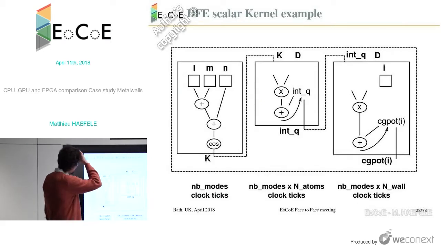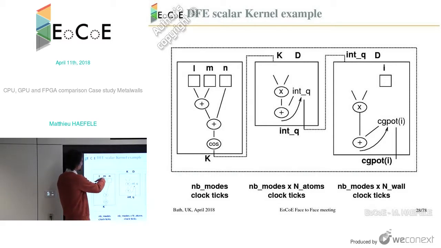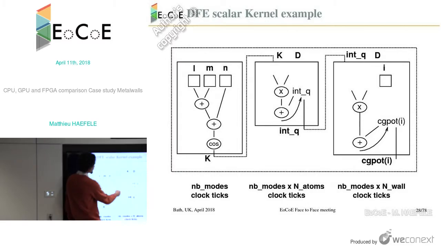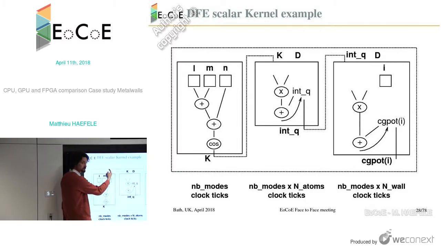That's how it looks like on an FPGA. You will have our mode that will be generated from the silicon with simple counters. LMN will be generated. Then you will sum in order to have L plus M plus N here, make the cosine here. And then the K will flow, so that will be one kernel.